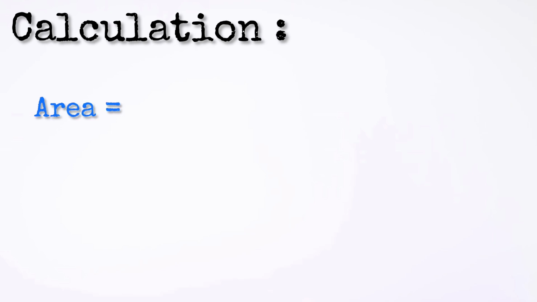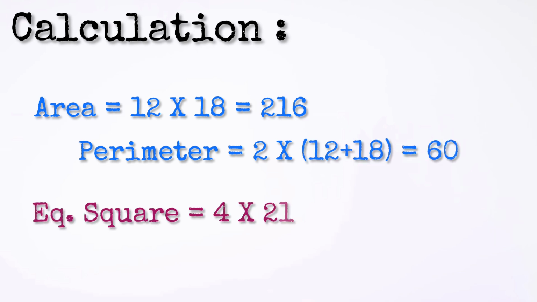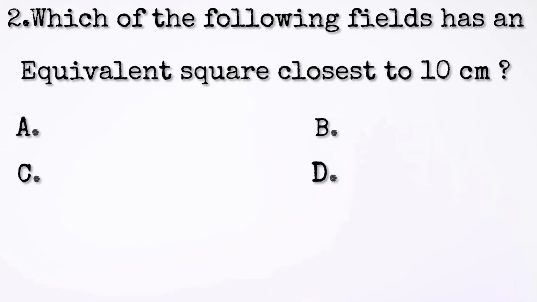Area is equal to 12 into 18, equals 216. Perimeter equals 2 into 12 plus 18 equals 60. Equivalent square equals 4 into 216, divided by 60 equals 14.4. Which of the following fields has an equivalent square closest to 10 centimeters?